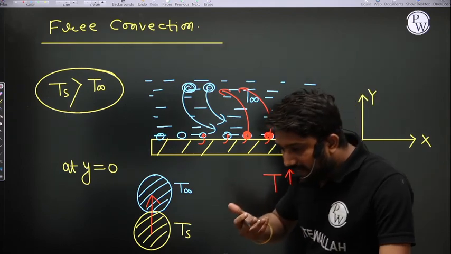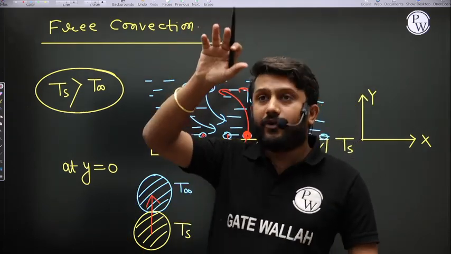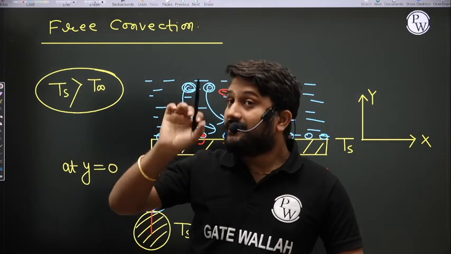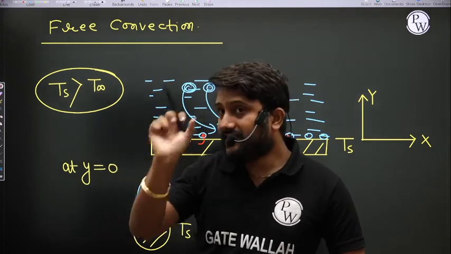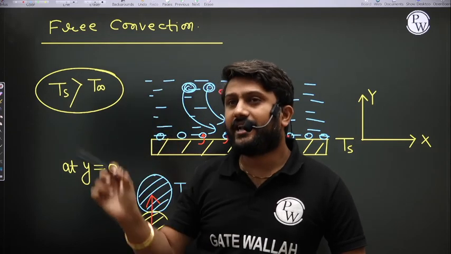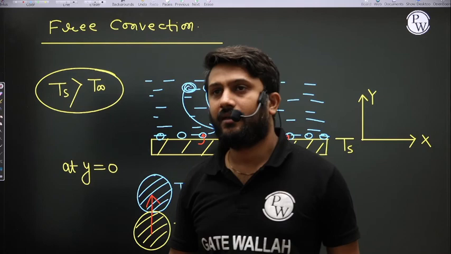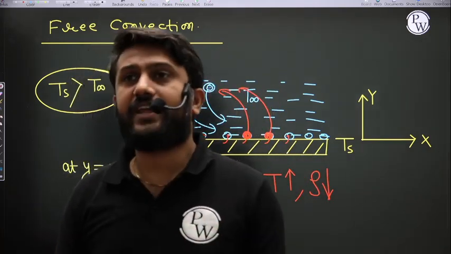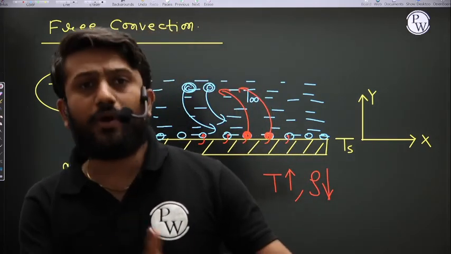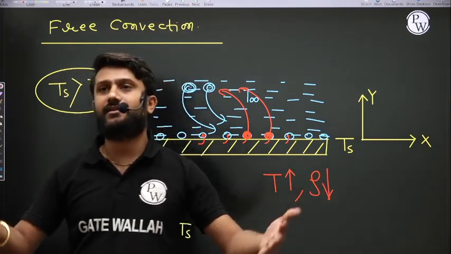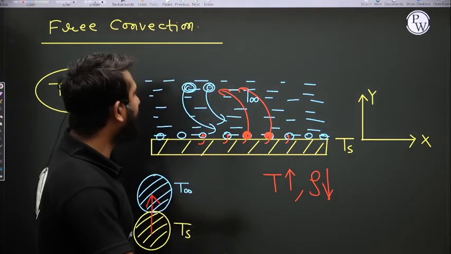So the lighter particles move upward and the heavier particles move downward. This creates a convection current, and this convection current is nothing but the fluid motion only. So in the case of free convection, there is no external agent, but the fluid motion is created naturally.